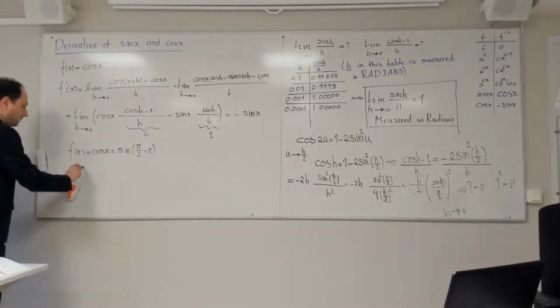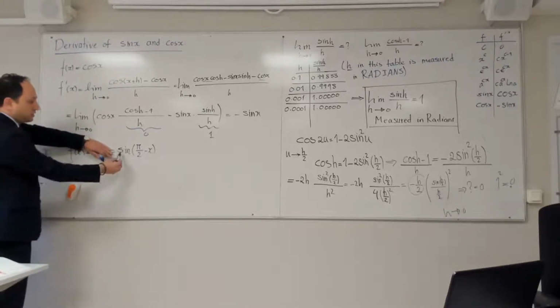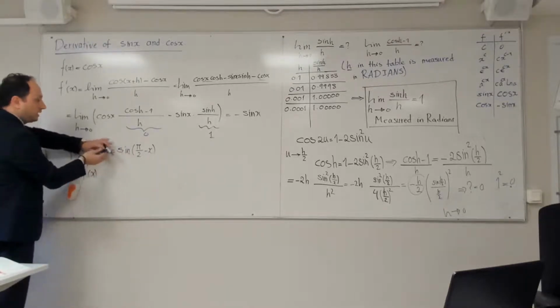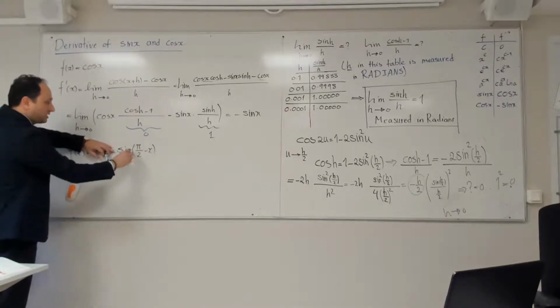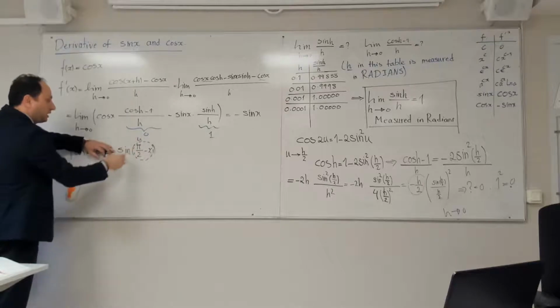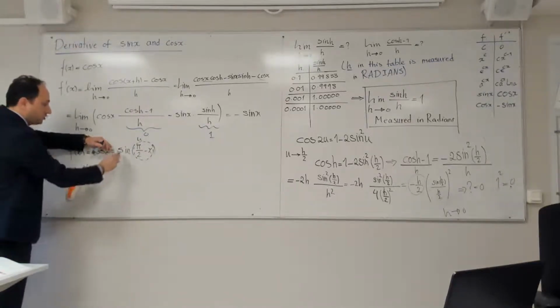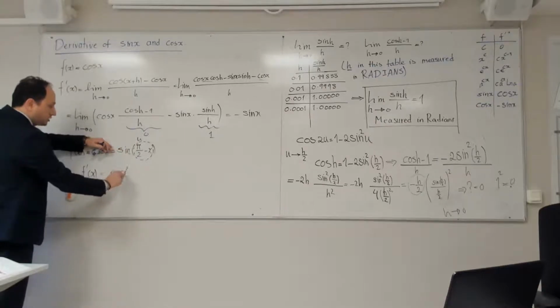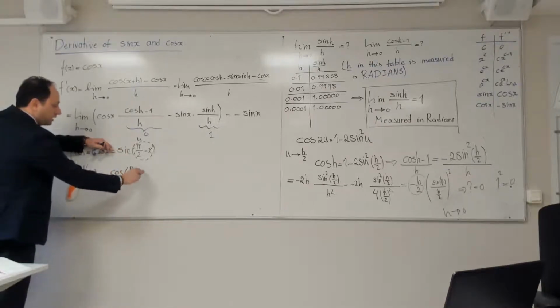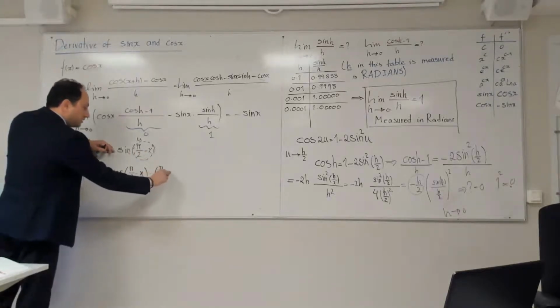So if I want to take the derivative of this function, forget about cosine, just think about the sine. But this is not sine x, it's something else. You should take u in your head. It becomes sine of u. And then if you differentiate it, it becomes cosine of u, which is cosine of pi over 2 minus x, multiplied by u prime, yes?